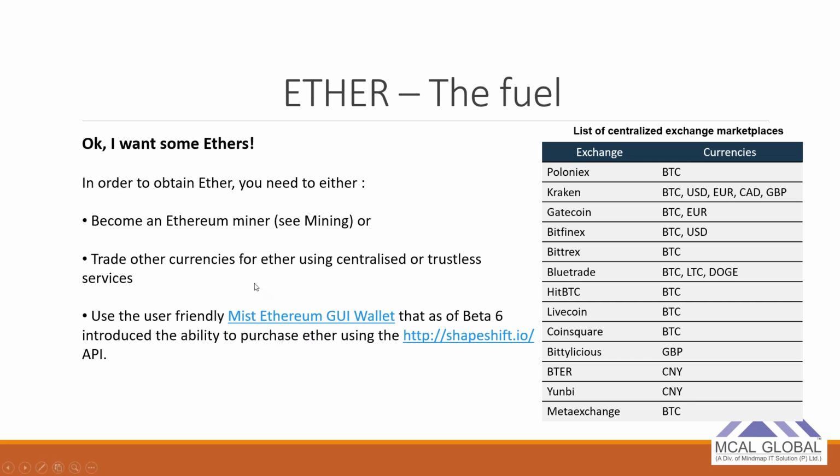Okay. Got it. So the other option is to trade other currencies for Ether. So you buy Bitcoin, and then trade that Bitcoin to get Ethers, because not many exchanges are selling Ethereum directly. Though from November 2017 till now, a couple of exchanges have started selling Ethereum directly. But for most exchanges, and for any other coin for that matter, you cannot go ahead and buy a coin directly.